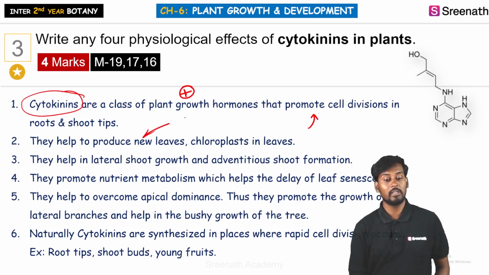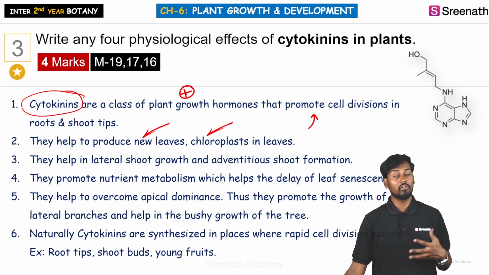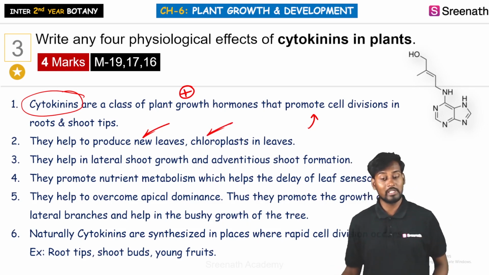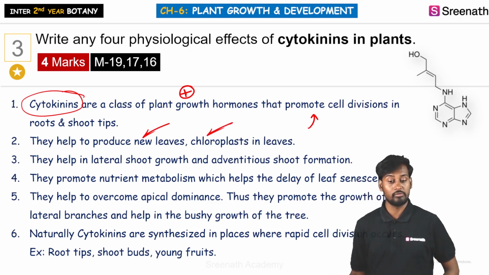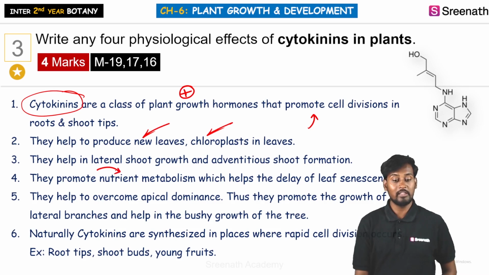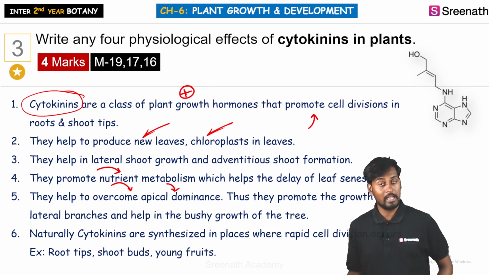They are involved in the production of new leaves and chloroplasts within the leaves, and they cause lateral shoot growth and adventitious root formation. They are involved in nutrient metabolism, that is translocation of nutrients from one part to another, and in overcoming apical dominance. They promote the formation of bushiness of the plant.